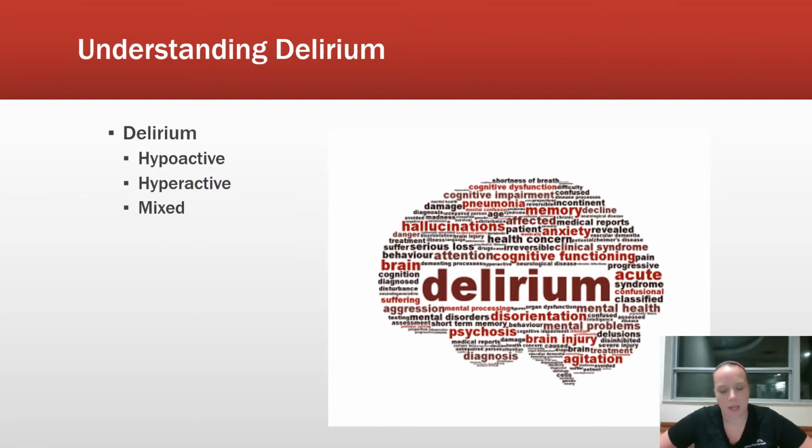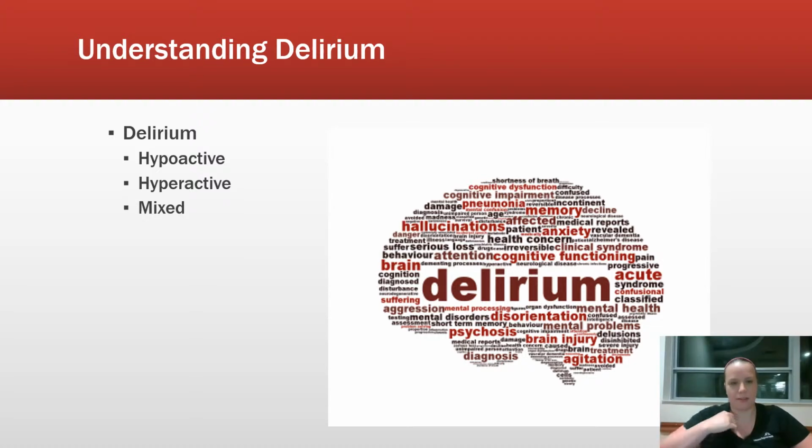So delirium is a brain dysfunction that's characterized by altered levels of consciousness. There's different types of delirium, and a lot of nurses don't really understand when they're assessing patients necessarily if they have delirium or not.